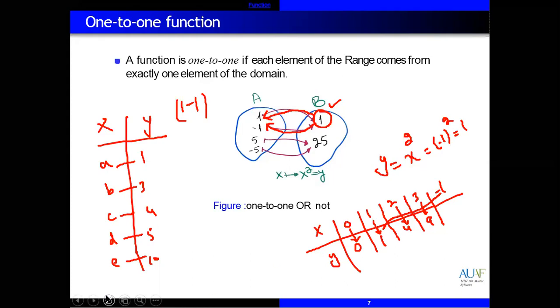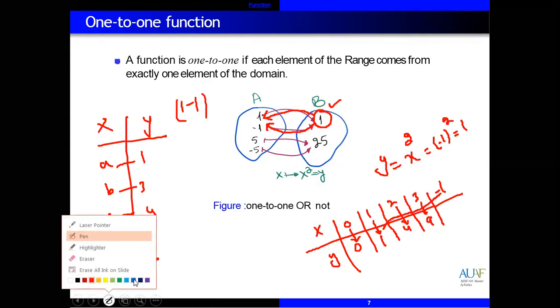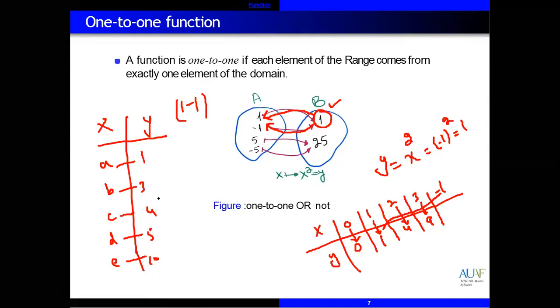Actually, one element of set y exactly comes from two different numbers. We have the number 1 and we have the number minus 1, and both give you plus 1. Same if you give minus 2. Minus 2 square is equal to 4.